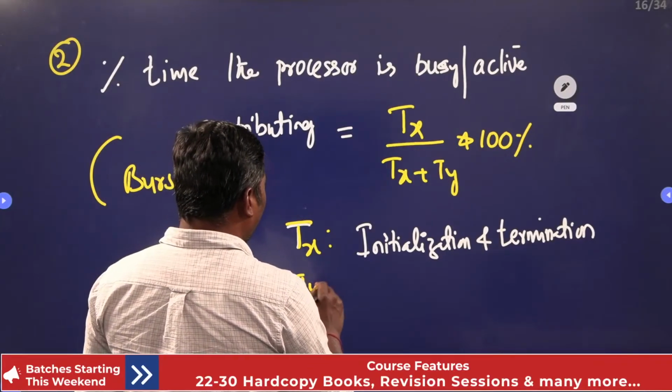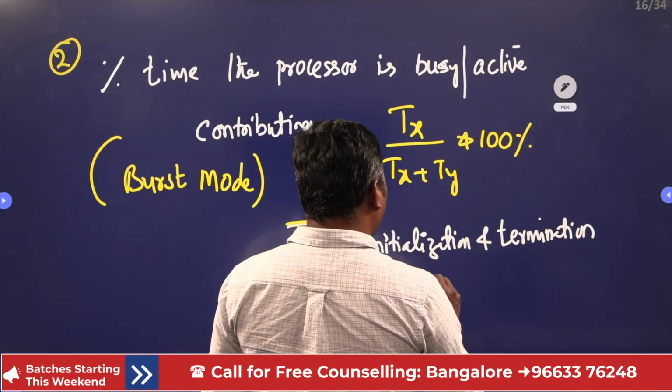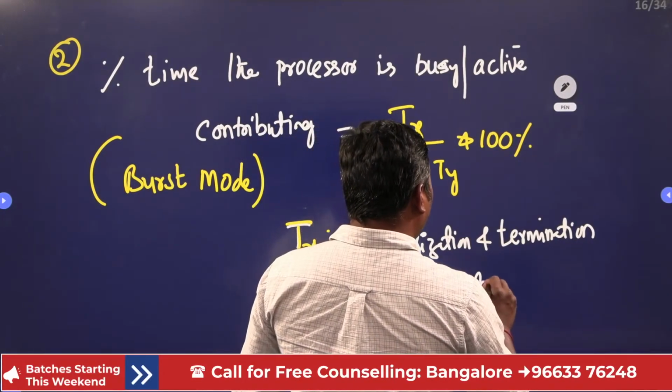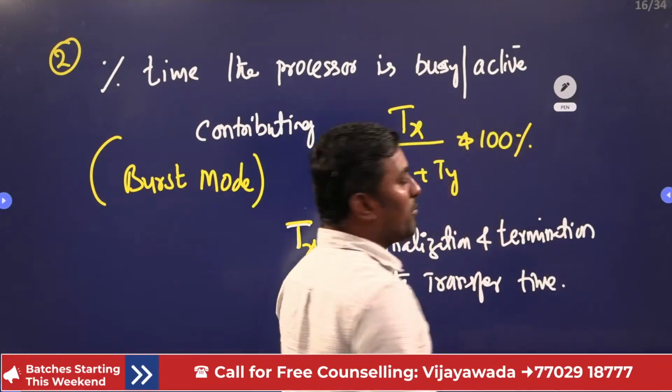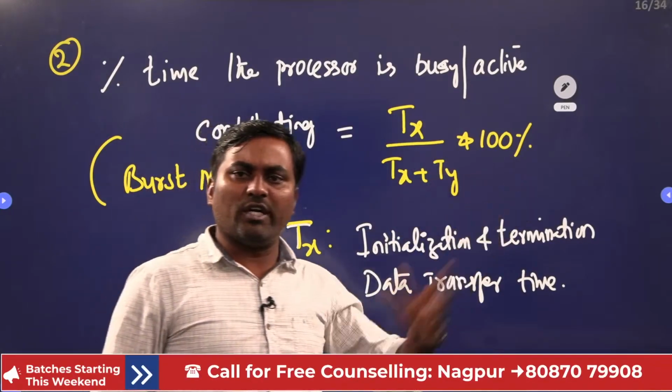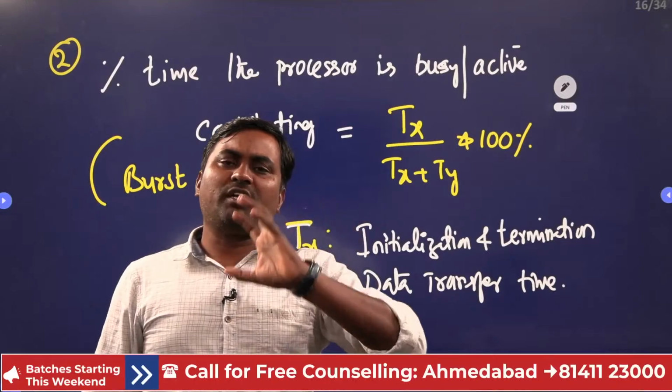Now Ty is the full data transfer time, and the data transfer time includes the preparation time also, because we are reading continuously. In one example I gave, 256 words have to be transferred.